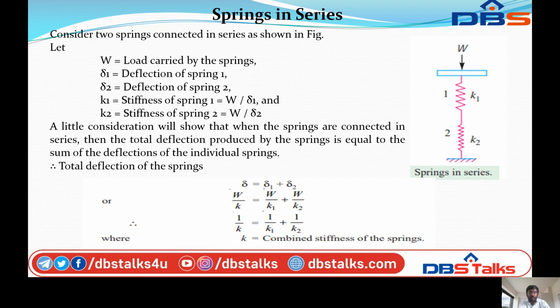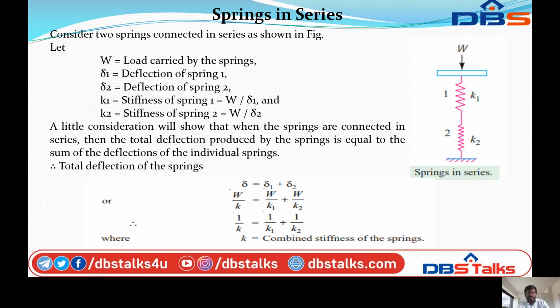A little consideration will show that when the springs are connected in series, the total deflection produced is equal to the sum of the deflections of the individual springs. Therefore, the total deflection delta is equal to delta 1 plus delta 2, or W by K is equal to W by K1 plus W by K2.